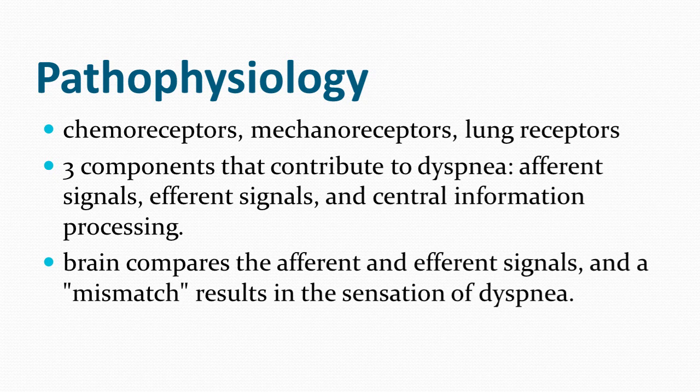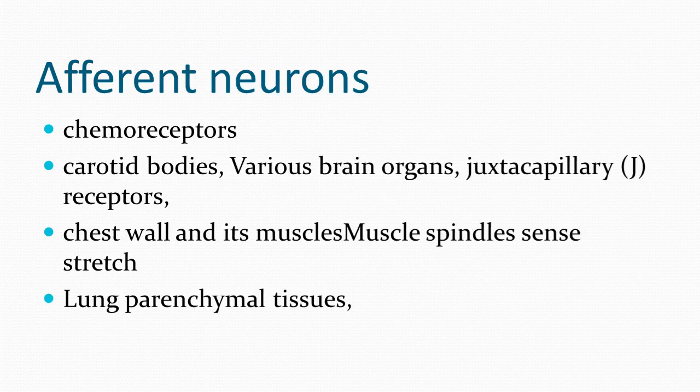Regarding pathophysiology, one has to understand the role of chemoreceptors, mechanoreceptors, and lung receptors. Three components contribute to dyspnea: afferent signals, central information processing, and efferent signals; the brain compares these afferent and efferent signals, and a mismatch results in the sensation of dyspnea.